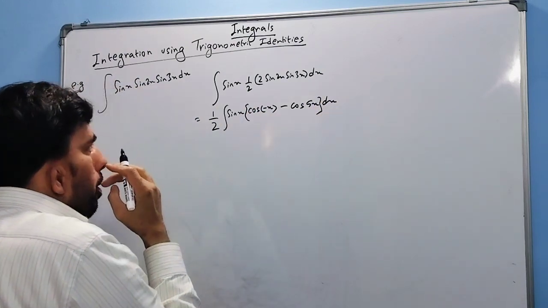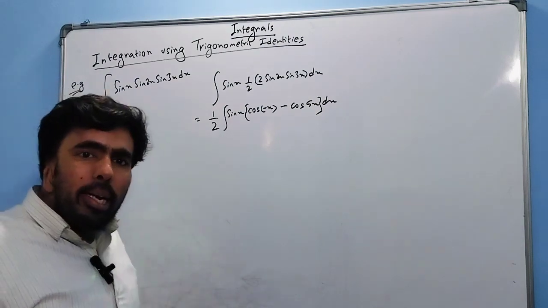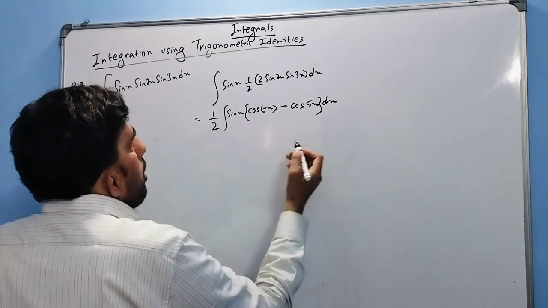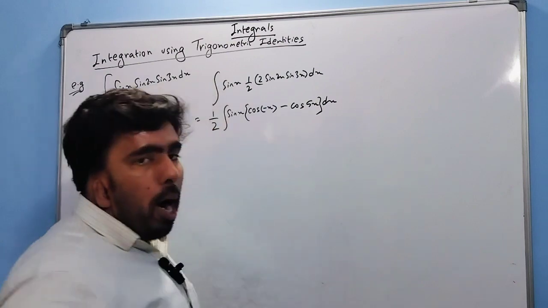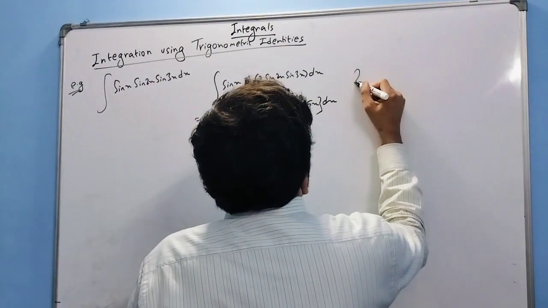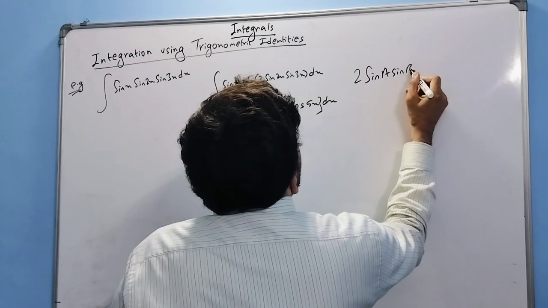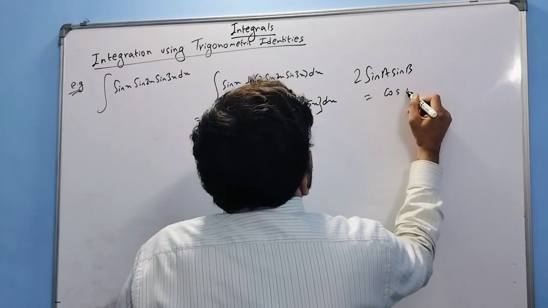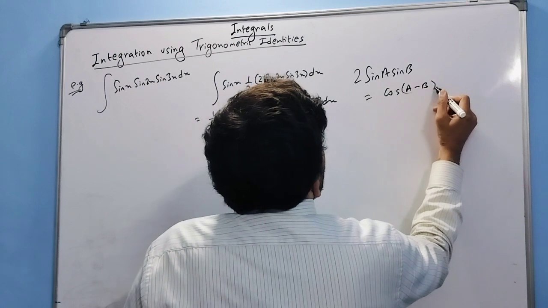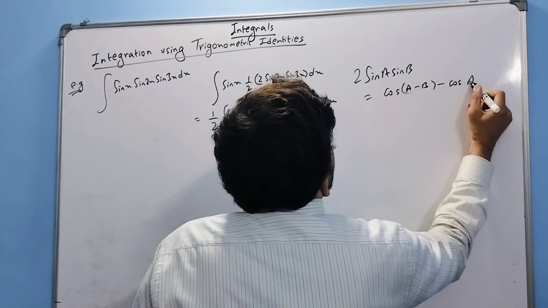Now we know cos minus x is cos x, but I have to write here which identity I have used. So what I have used, 2 sin a sin b is cos a minus b minus cos a plus b.